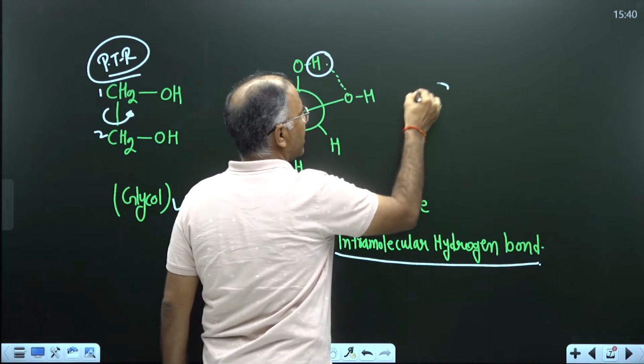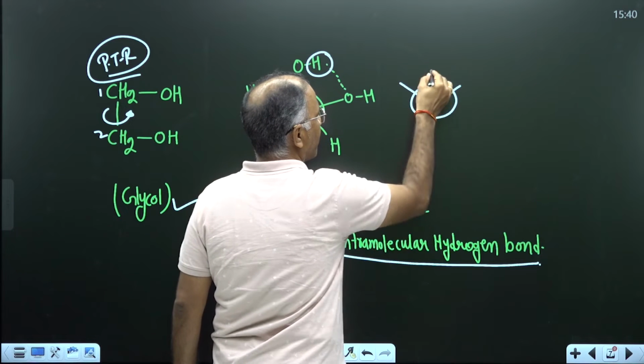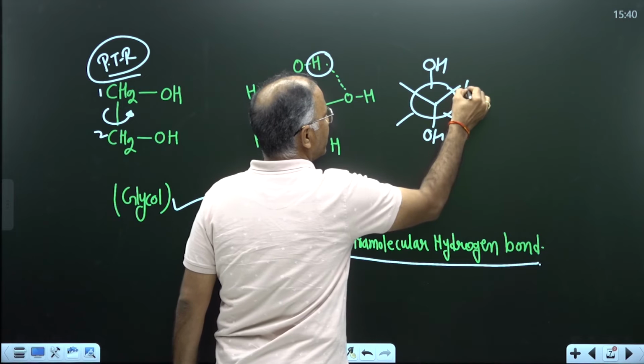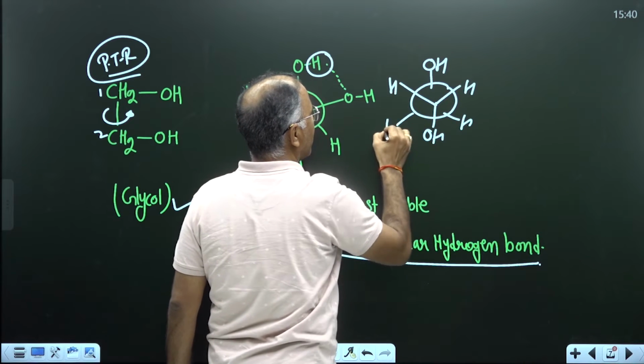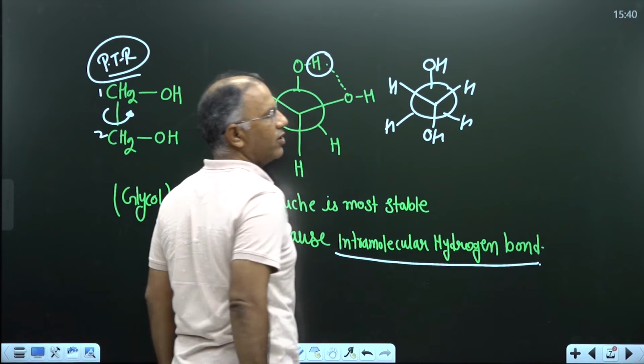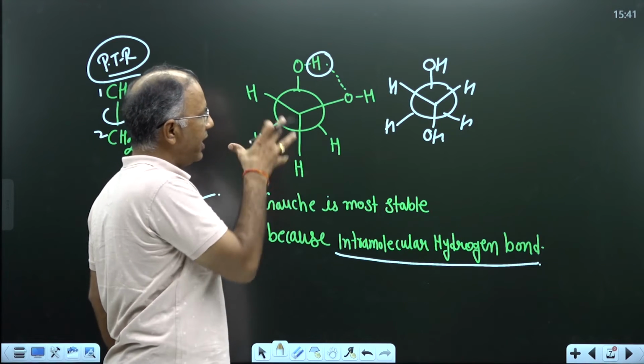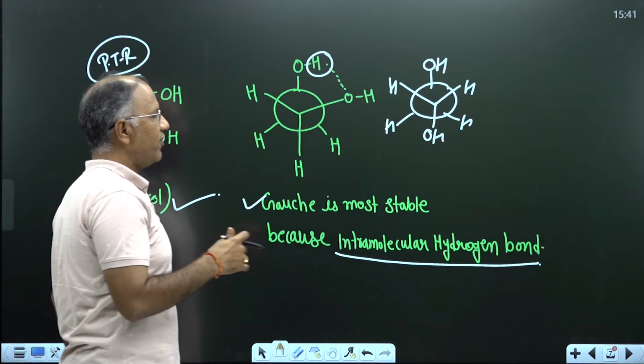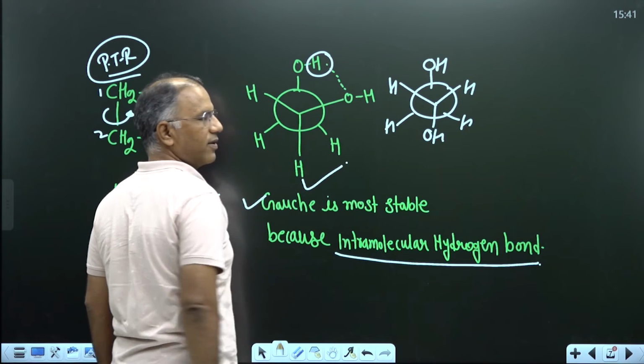If the OH groups are away from each other, meaning OH on the staggered conformer, there is no intramolecular hydrogen bonding. This means the more the intramolecular hydrogen bonding, the more will be the thermodynamic stability. Which conformer is more stable? This is more stable.